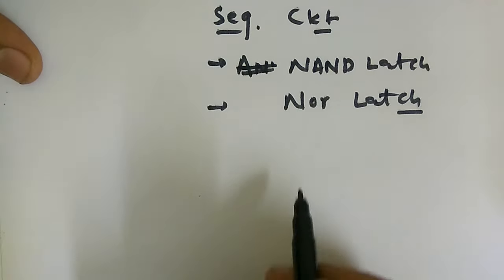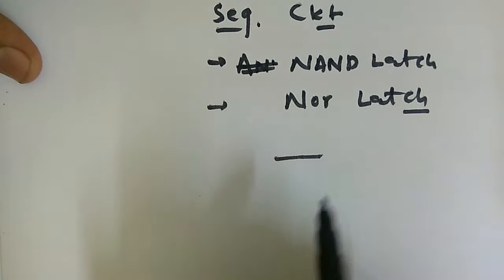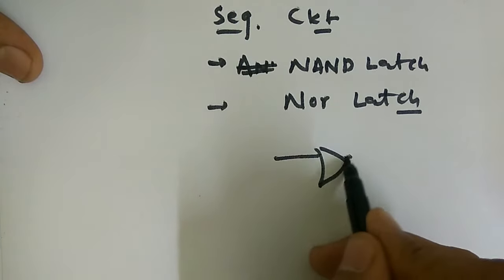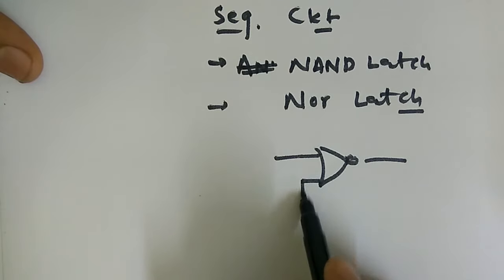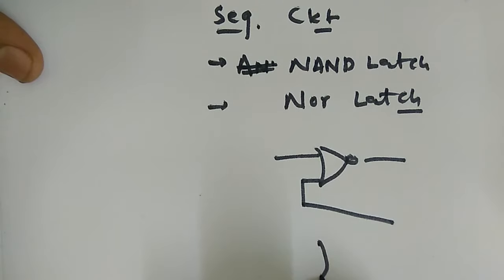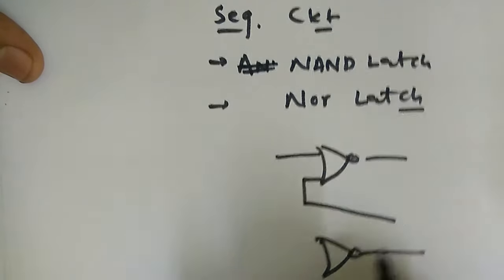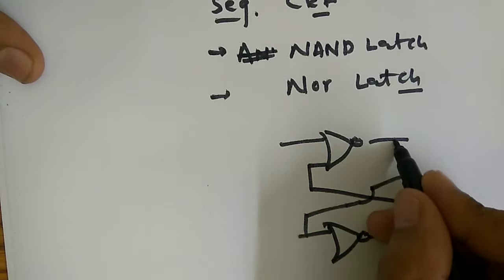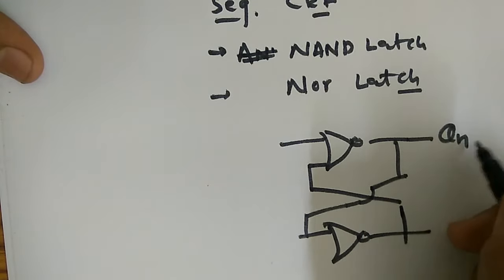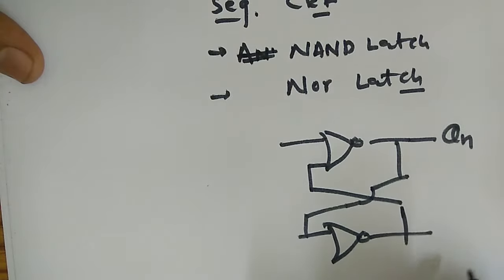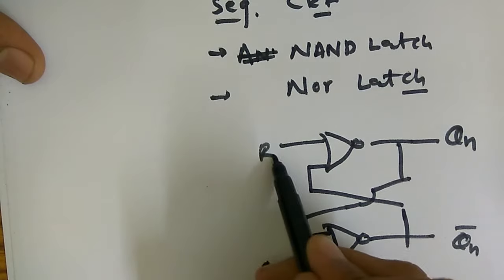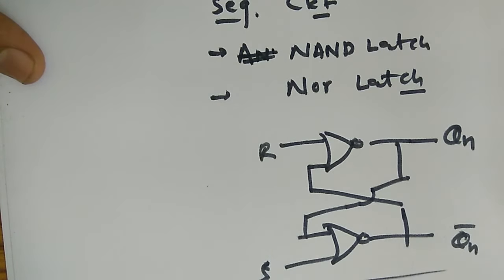How does a latch look? Suppose I give the example of a NOR latch. This is one NOR gate, and here one more NOR gate. So this is the basic latch.